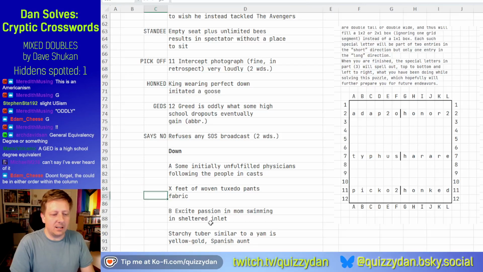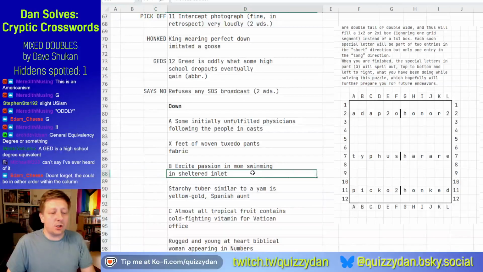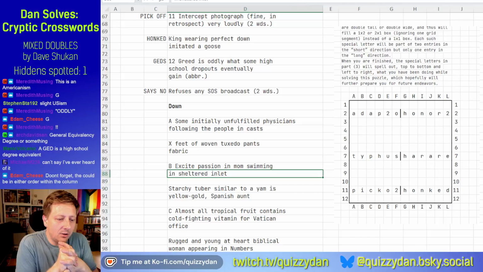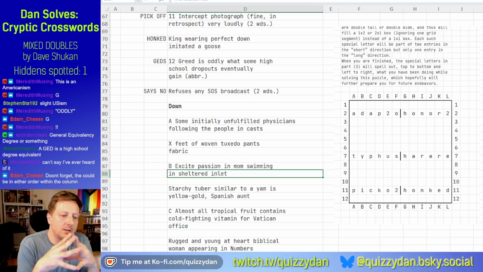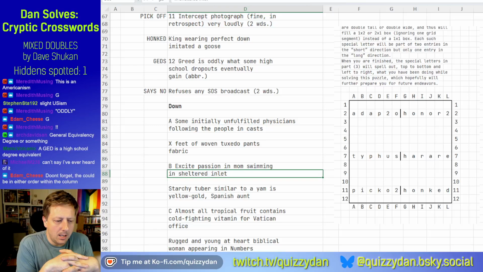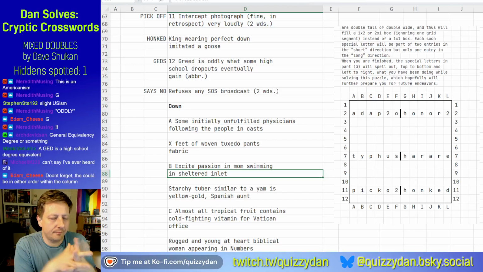A has gone spectacularly well. It's going to B. Excite passion in mom swimming in sheltered inlet. Okay, sheltered inlet feels like the definition. Anagram of mom. And we're going to have something like to arouse, you know, to excite, in mom swimming.